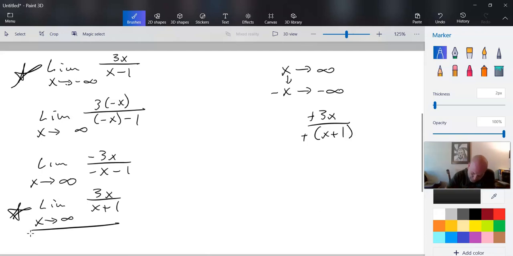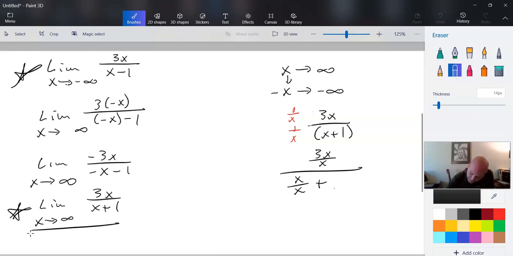Okay, now what we need to do is the exact same trick we did before. We're going to multiply by that 1 over x over here. So I'm going to get rid of these guys, and we want to just multiply by 1 over x and see what happens. So this ends up changing it to 3x over x over x plus 1 over x.